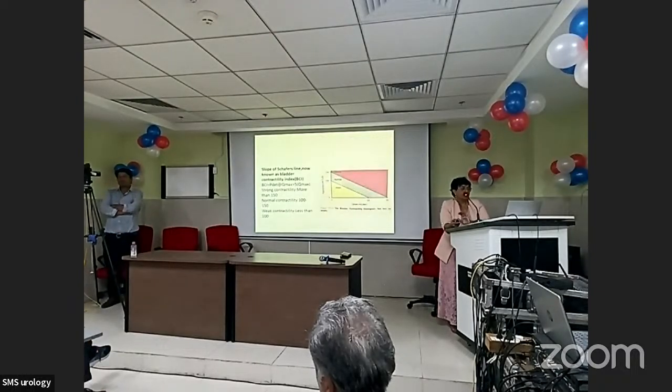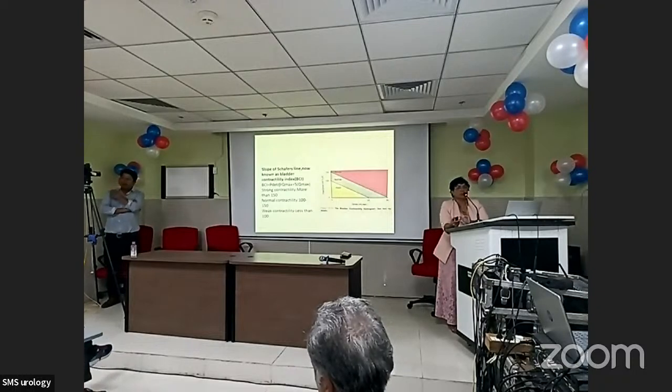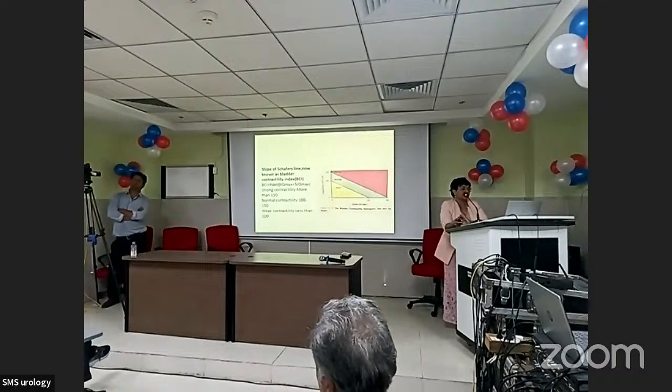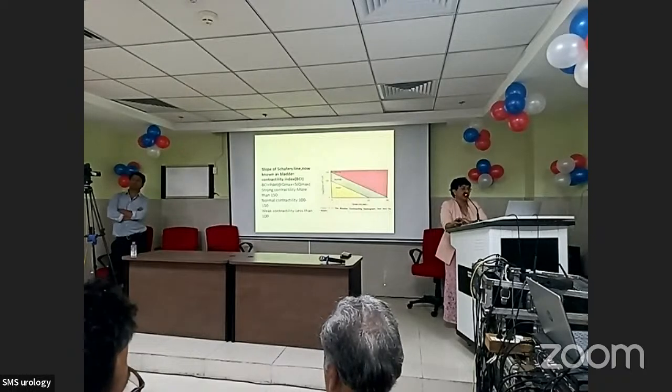Now, Schaeffer's line. This is also one of the measures. So one we saw about the bladder contractility. Now this is another measure of bladder contractility, and this is known as bladder contractility index, BCI.